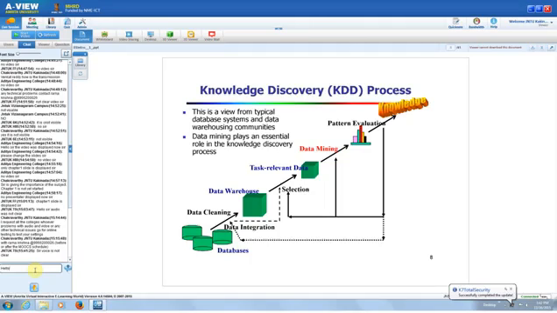Okay. But what is your aim? What is it that you want to extract that drives your entire knowledge discovery process? The topmost thing is your requirement. What knowledge you want to extract. You have to be very clear with that.